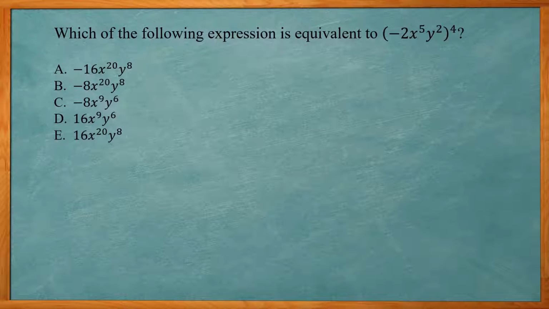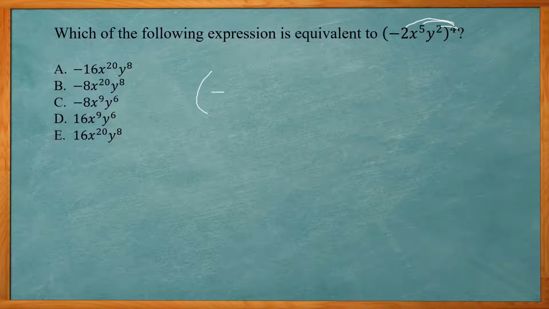This one says, which of the following expressions is equivalent to the quantity negative 2, x to the fifth, y to the second, all raised to the fourth power. So again, since we're raising to the fourth power, we're going to change the exponent on all the inside ones by multiplying the exponent by 4.